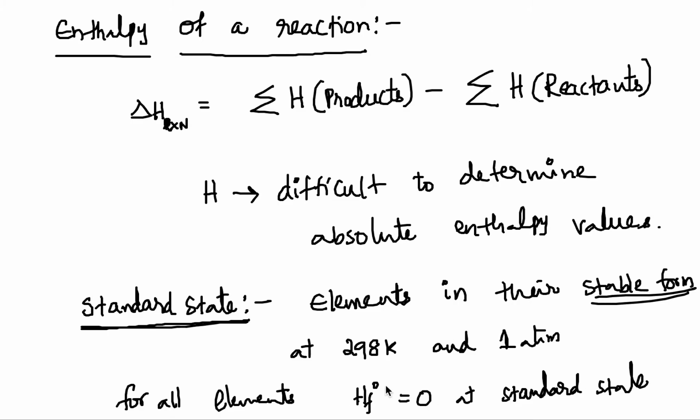This sign naught denotes the standard state, that is 1 atmosphere pressure and 298 Kelvin, though some modern books use the pressure as 1 bar.